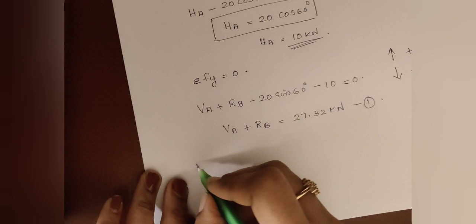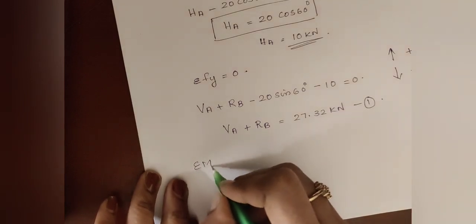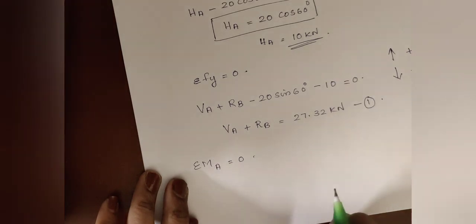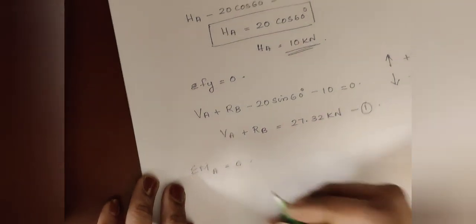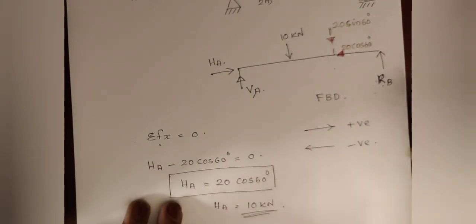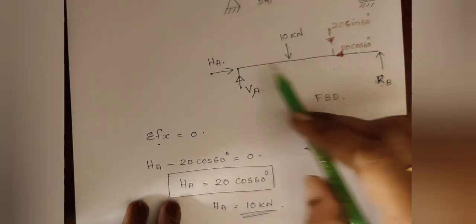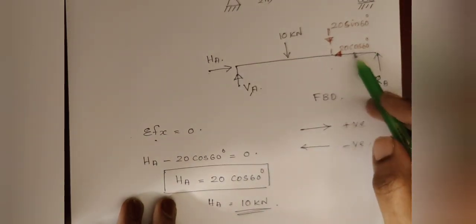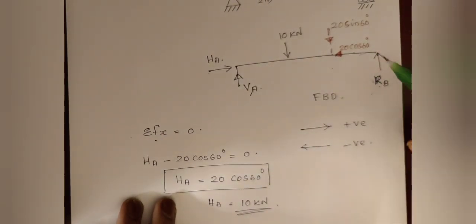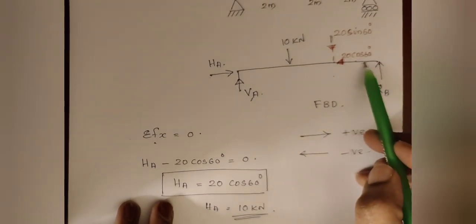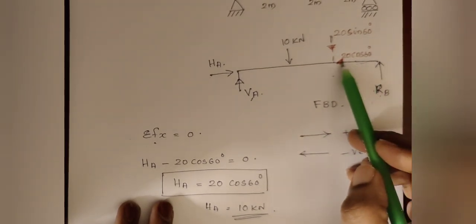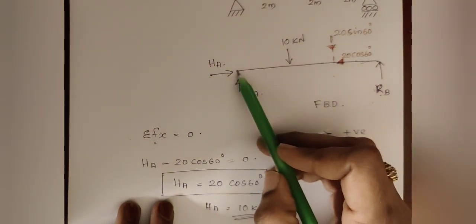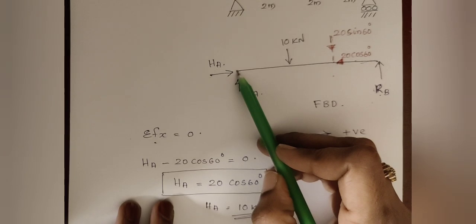The next equation we use is sigma moment about any point equal to 0. We are taking moment about A. Here you have RB into 6, the perpendicular distance to A, which is an anti-clockwise moment. Then 20 cos 60 is a horizontal force passing through the point A, so it will not create a moment.